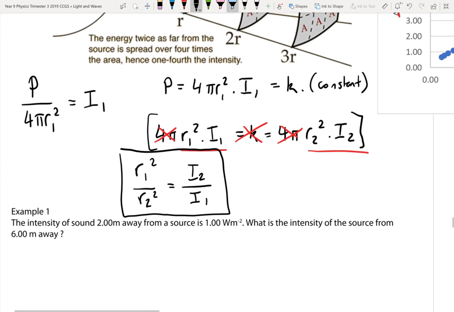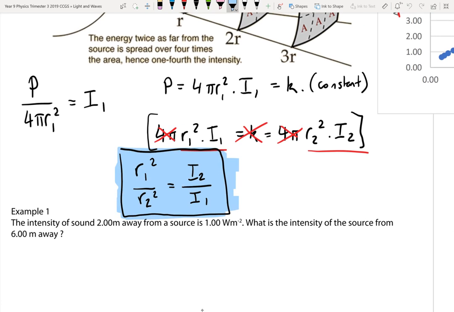And this is an equation that I'd like you to write down, put it in a box, highlight it, because it's very, very useful. And this will go in your second test, and you'll have to use it.